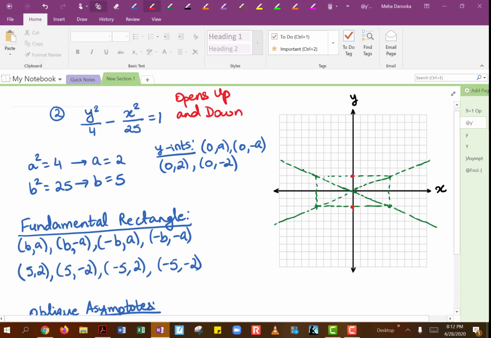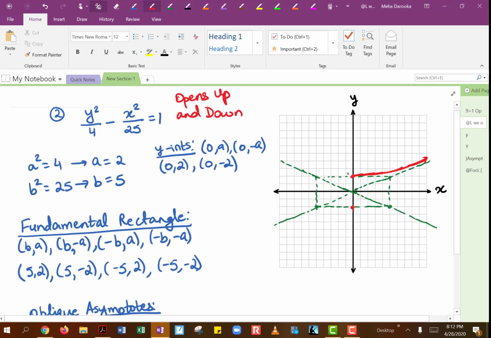So this one will be passing through that y-intercept, and it's going to be going towards your oblique asymptotes here, and then going towards your oblique asymptote over here. Okay, and then the second branch down here, maybe something like this. And there you go. This is our hyperbola opening up and down.